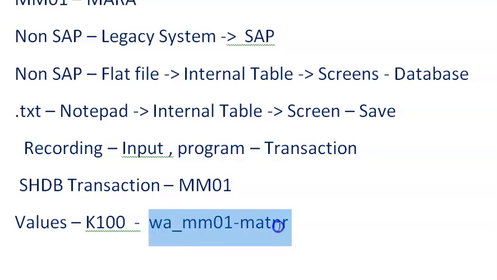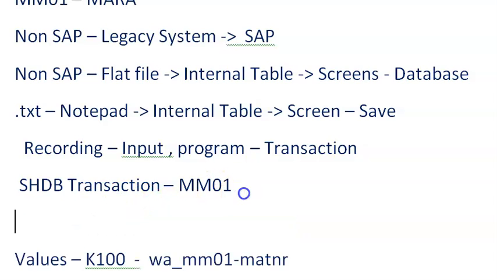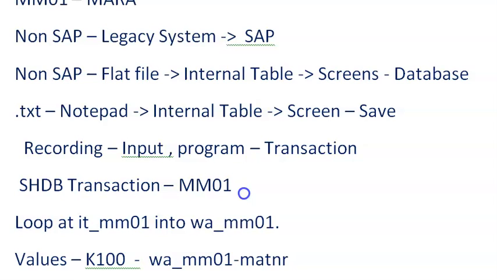Now what will happen is, in the work area-MATNR, every time a new record will come. So we'll write a loop here: loop at IT_MM01 into W_MM01.